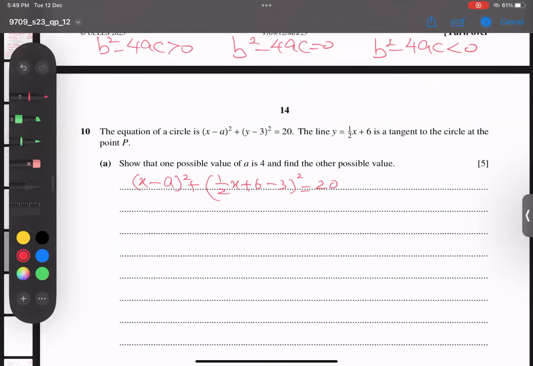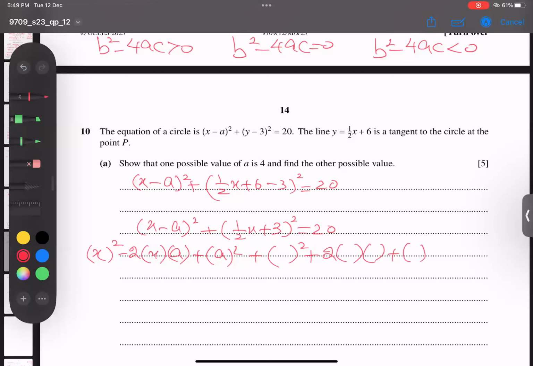Now I am simplifying (x minus a) whole squared, and this becomes, very well, (half x plus 3) whole squared equals 20. Here I am using the squaring identity: first term squared, negative 2 times first term times second term, plus second term squared. So x comes in the first two brackets and a in the next two. Again the same story here: first term squared plus 2 times first term times second term plus second term squared.